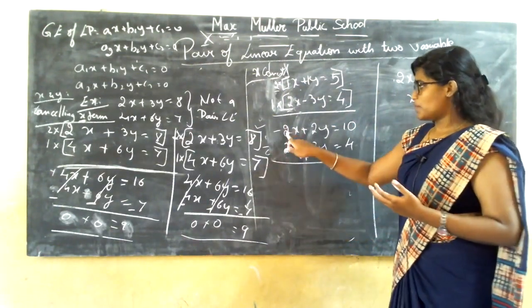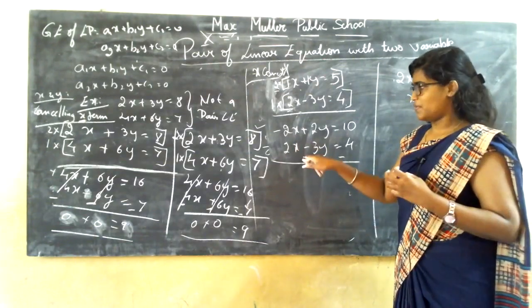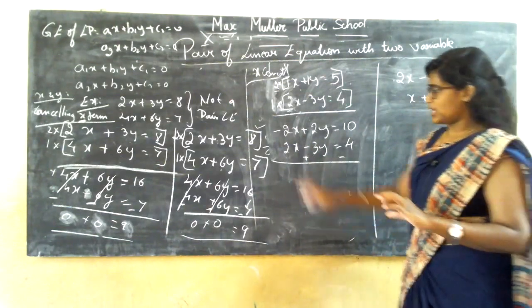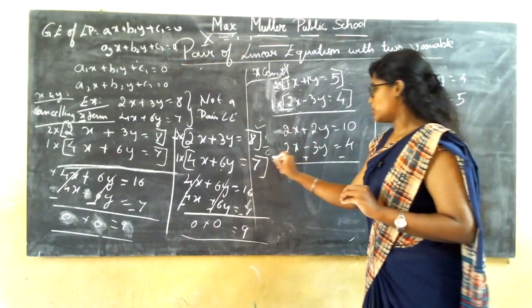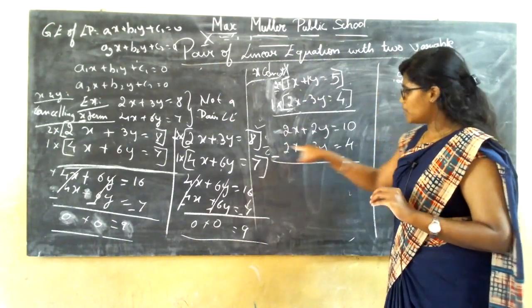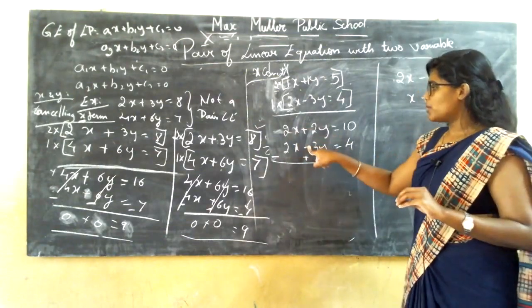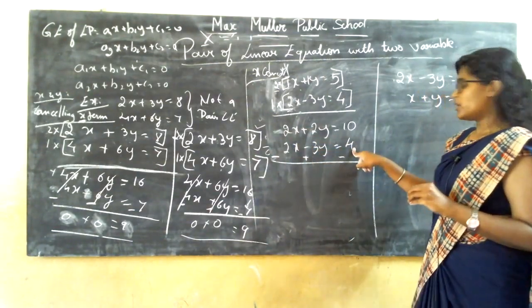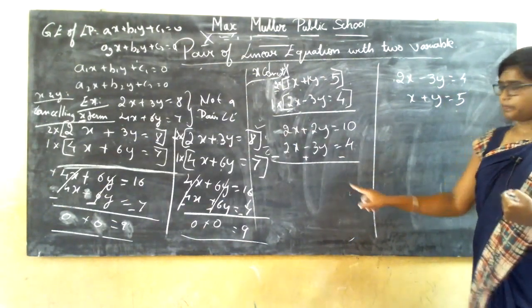If both are in the same signs, then you are going to change the sign. If the below equation is of plus sign, then you change it to minus sign. If the below equation is of minus sign, then you change it to plus sign.